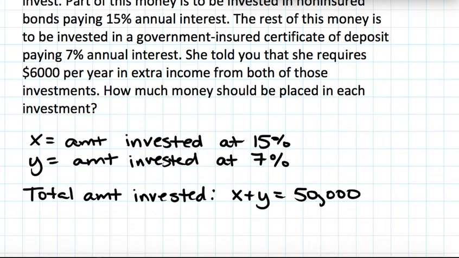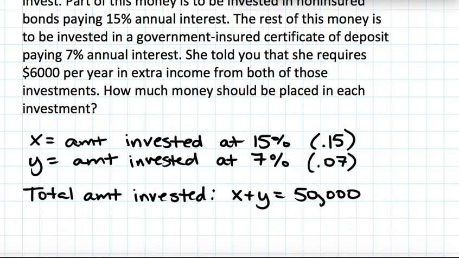Now, the other equation that we can write is going to come from the interest. If we multiply 15% times the amount invested in that account, 7% times the amount invested in that account, add those two amounts together, that's the total amount of interest that my account is going to earn. Now, one key thing here with this problem is that you don't multiply the amount by 15, you have to convert percentages to decimals. So I have to remember that 15% as a decimal is 0.15, 7% as a decimal is 0.07.